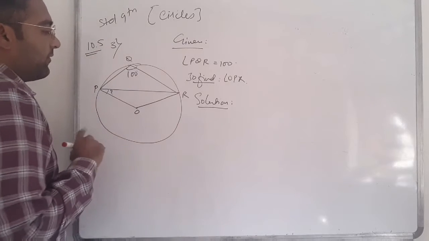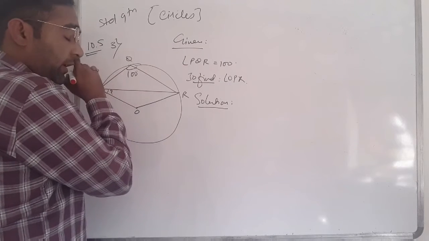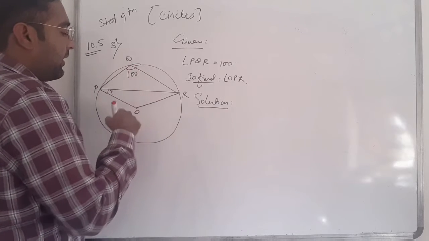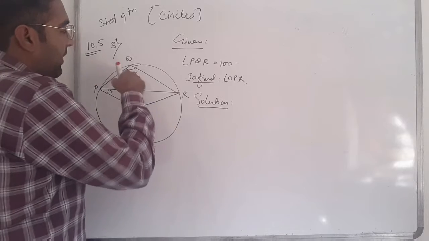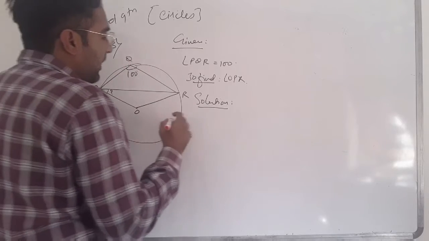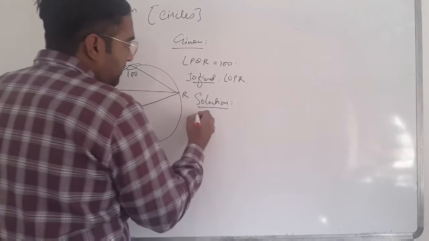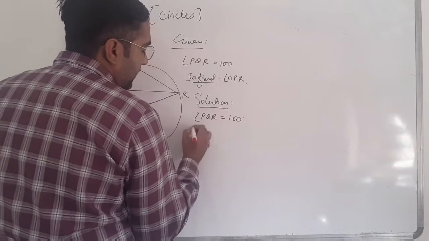First of all, we know that the angle at the center of the circle is double the angle at any point on the remaining part of the circle. Here angle PQR is equal to 100 degree.